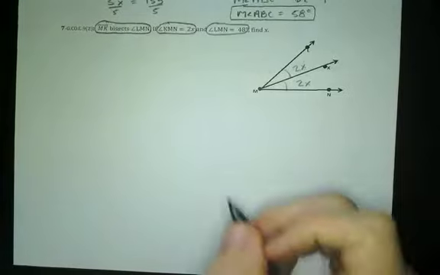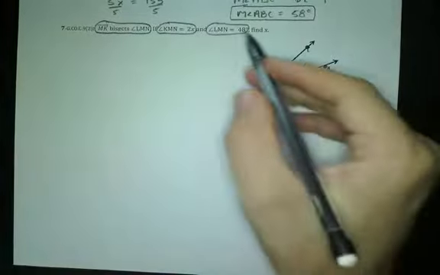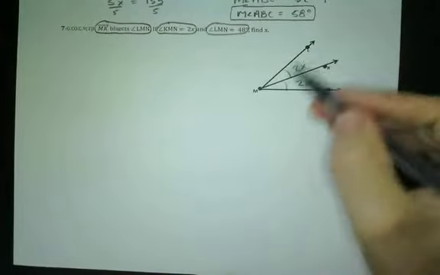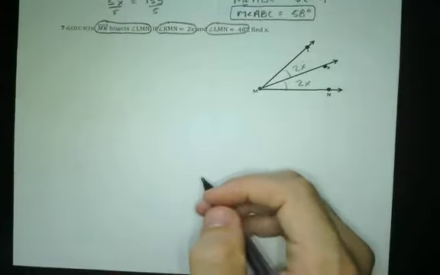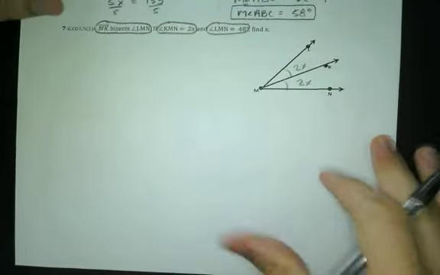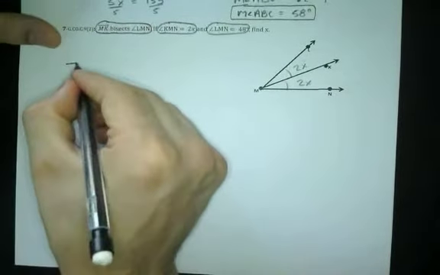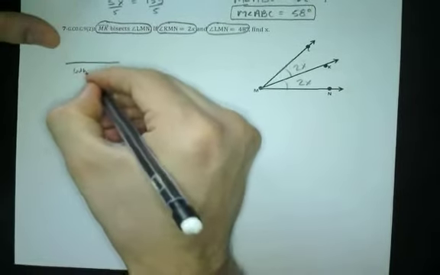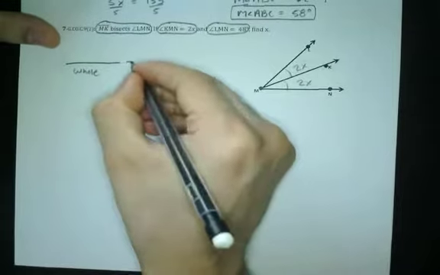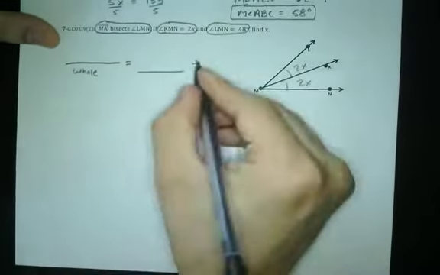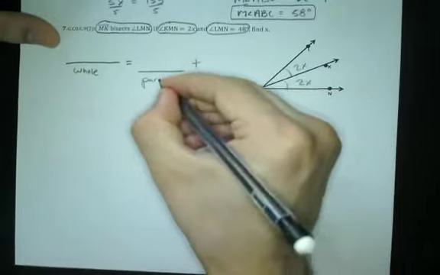Now what I realize is that I have the whole angle, LMN, and two smaller parts. So to me, that is a dead giveaway that I need to use the angle addition postulate. And the idea is that the whole piece is equal to the sum, so the adding of the two parts.